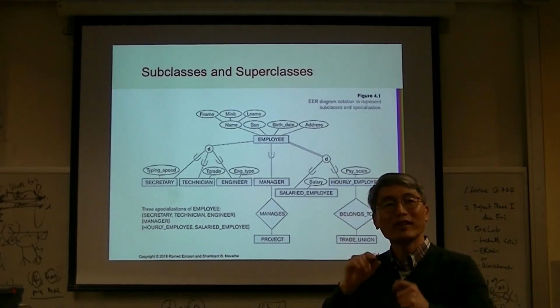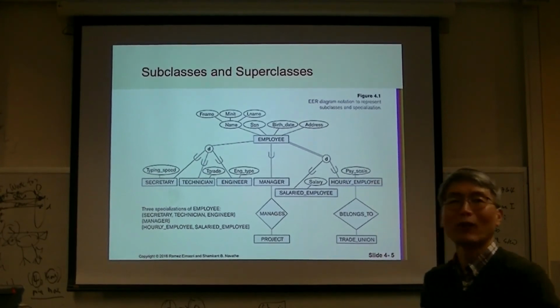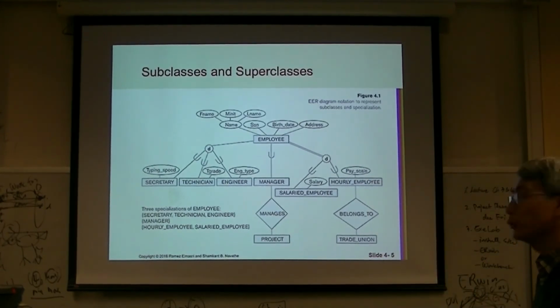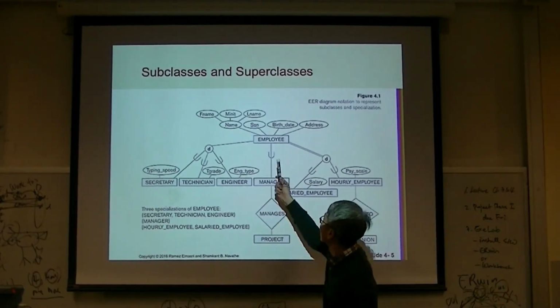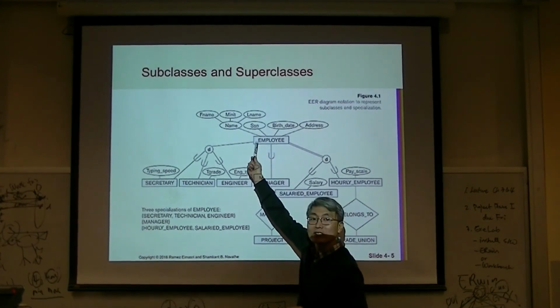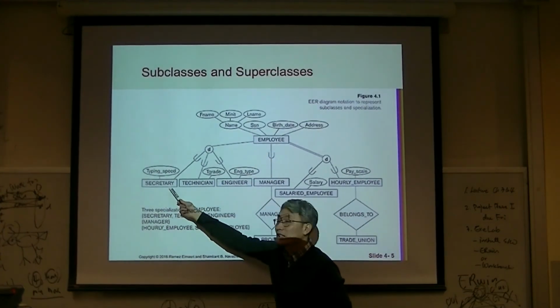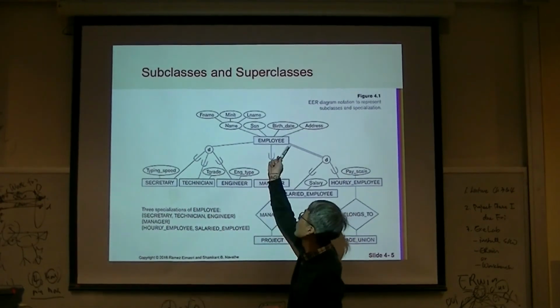How many super and subclass sets can you find? Two, three. So first, the superclass employee and subclass secretary, technician, engineer. This is the first.